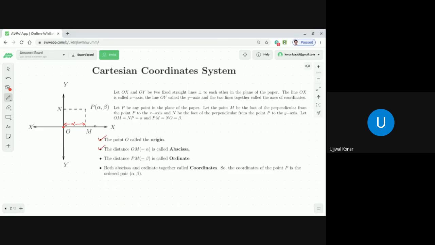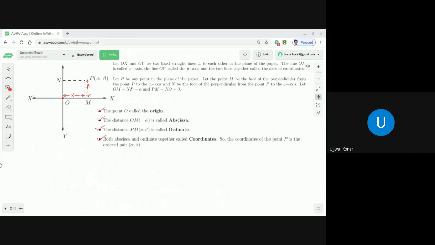And the distance PM, that is beta, that means how far it is from the x-axis, is known as the ordinate. Both abscissa and ordinate together are called coordinates. So that means both alpha and beta together lead to the ordered pair we discussed a few minutes back. So the coordinates of the point P is the ordered pair alpha comma beta. I hope it is clear, dear students, how we can find the coordinates.